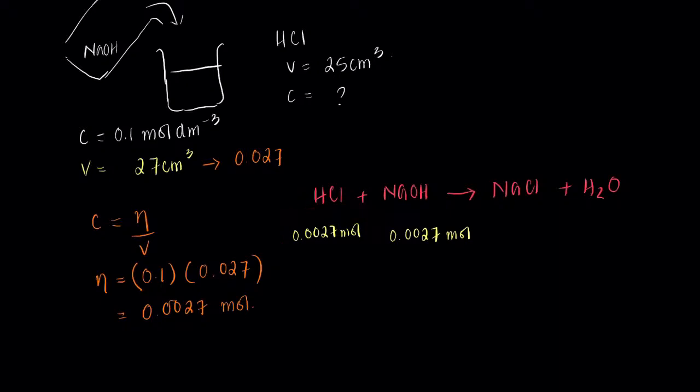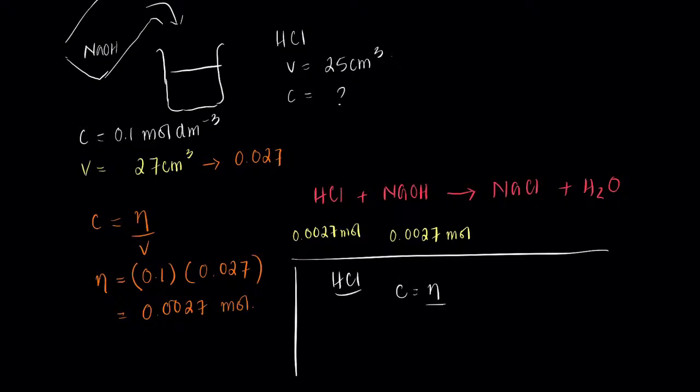So for hydrochloric acid, you can perform this calculation right now. For HCl, you could say concentration is again moles over volume, and your concentration is your unknown. Your moles you just very accurately found out, 0.0027, divided by the volume.